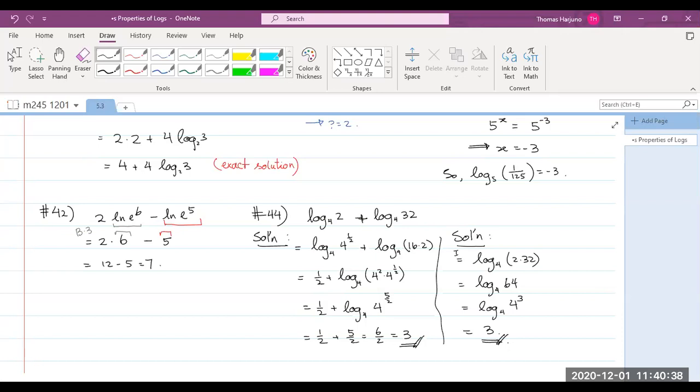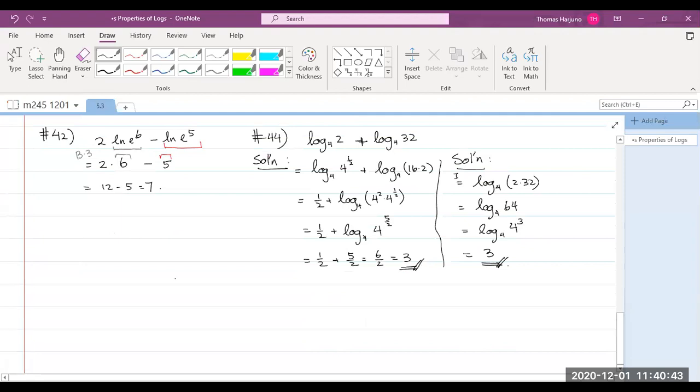Now, let's do more. The following question, we need to rewrite them as expand, as sum, difference, constant multiple of logs.